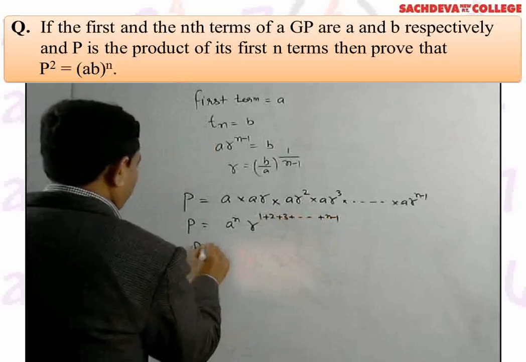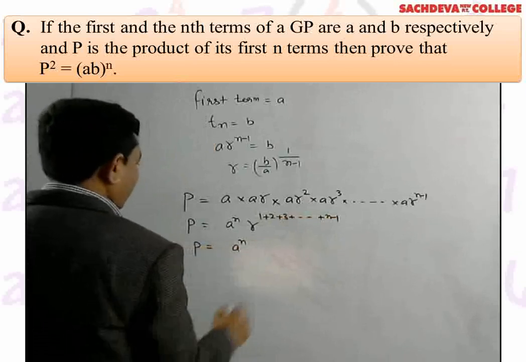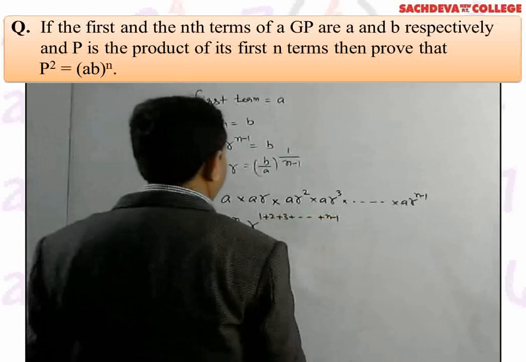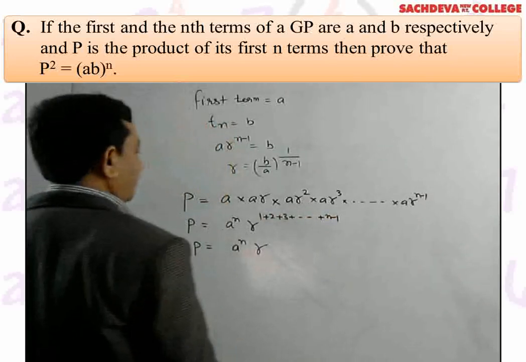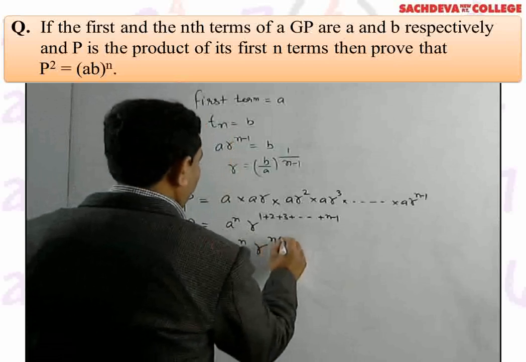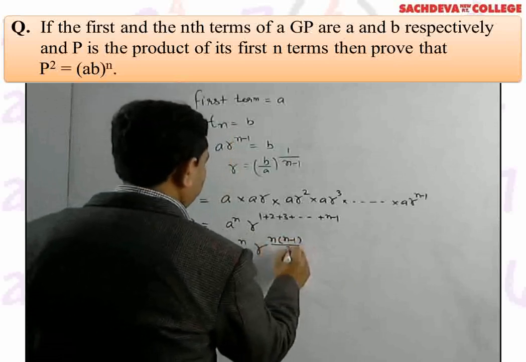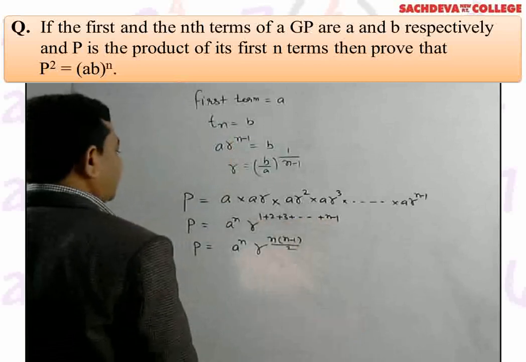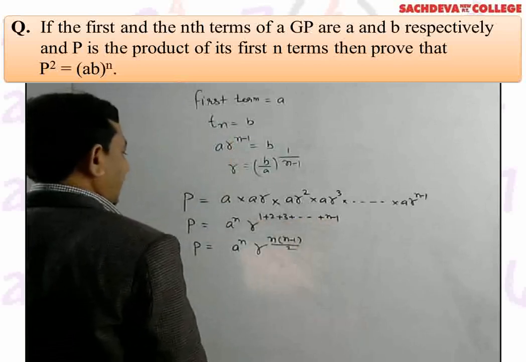Or P will be equal to A to the power n into R to the power, we know that 1 plus 2 plus 3 plus and so on plus n minus 1 will be equal to n into n minus 1 by 2, because this is in AP and we know the sum of the AP in this case is n into n minus 1 by 2.